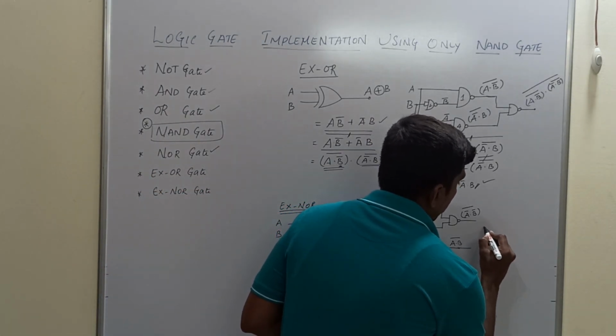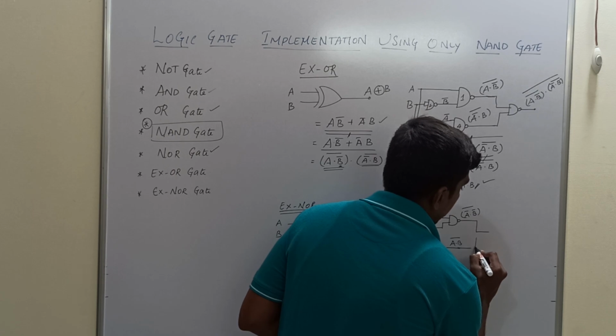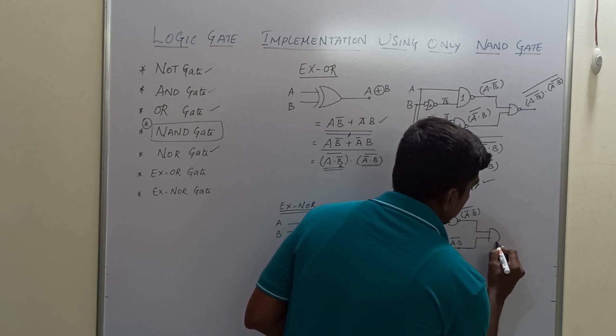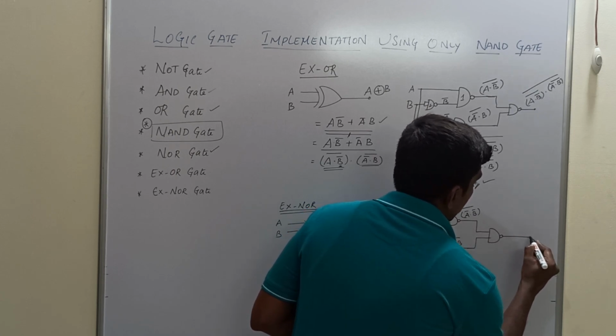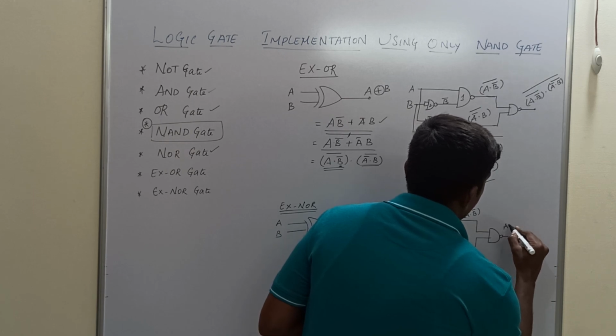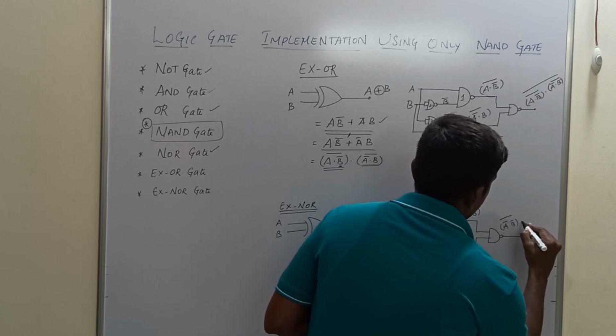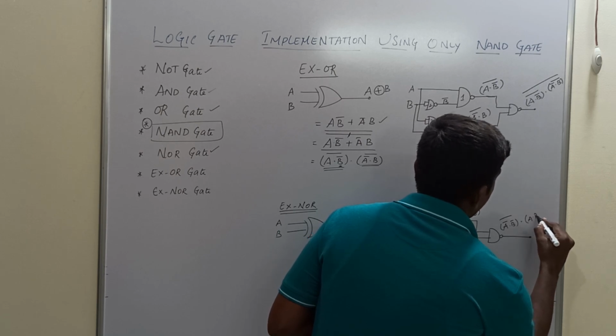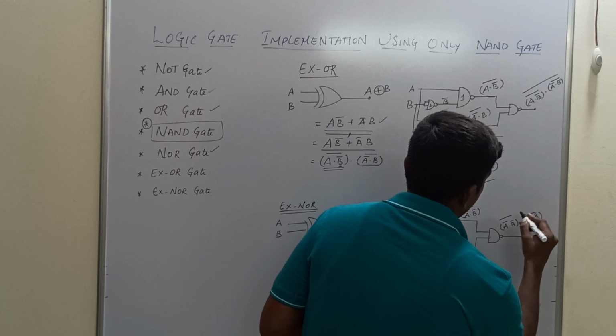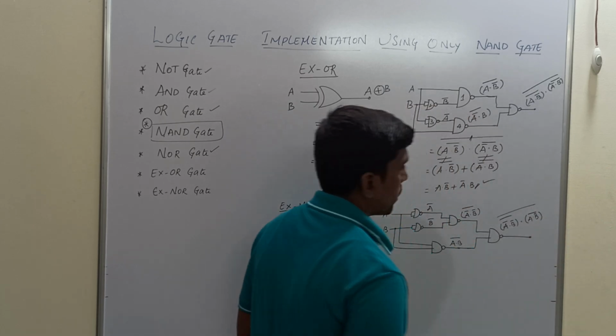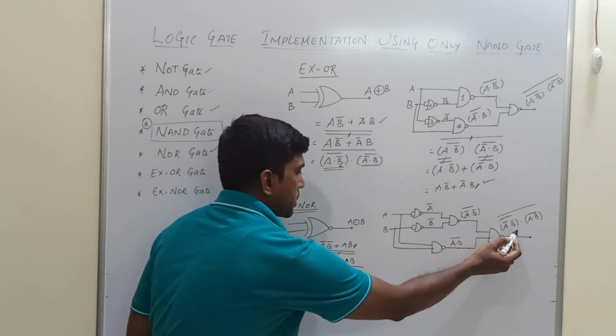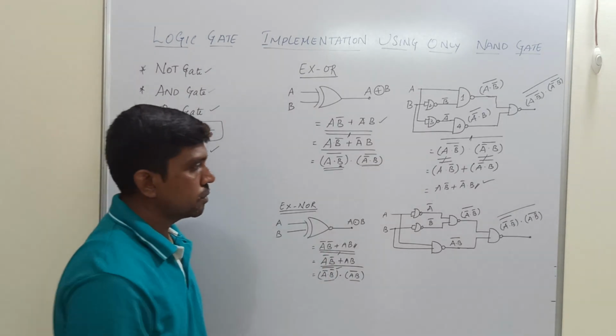This operation is performed using another NAND gate. So now the output of the NAND gate is (A bar dot B bar the whole bar) dot (A dot B the whole bar), then bar. So this expression is equivalent to this one.